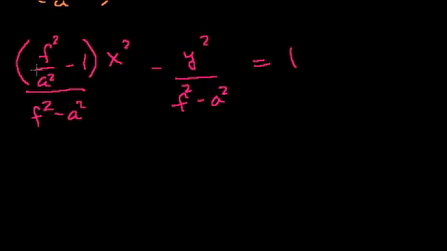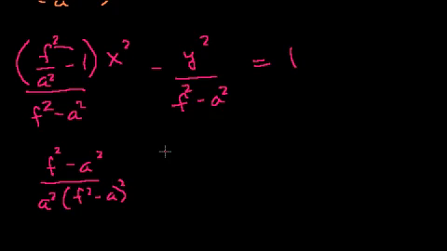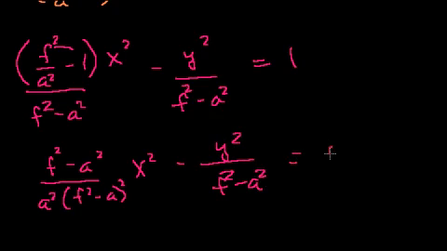If I multiply the numerator and the denominator by a squared, as long as I multiply the numerator and the denominator by the same number, I'm just multiplying by 1, so I'm not changing anything. So if I do that, the numerator becomes f squared minus a squared, I'm just multiplying that times a squared. And the denominator becomes a squared times f squared minus a squared. And all of that times x squared, minus y squared over f squared minus a squared, is equal to 1.